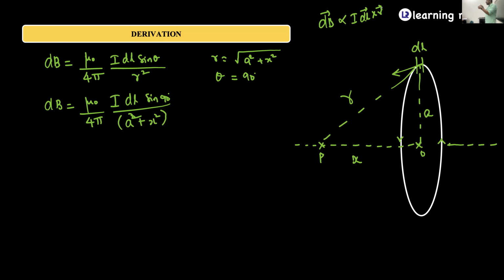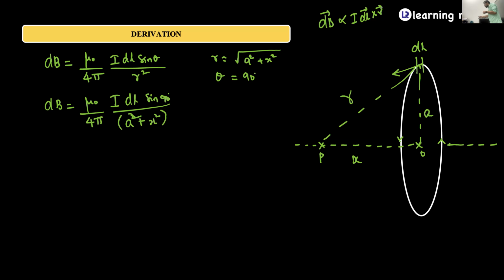So this is dL vector, tangential to the conductor. From the dL to point P is R vector. So dL and R are already perpendicular to each other. Then the dB vector will be perpendicular like this.